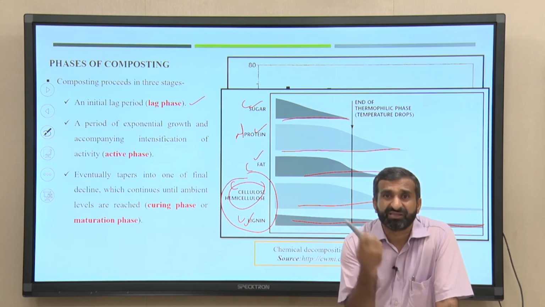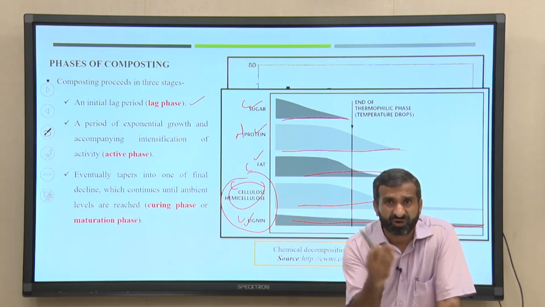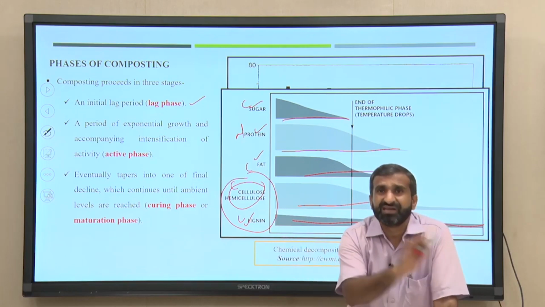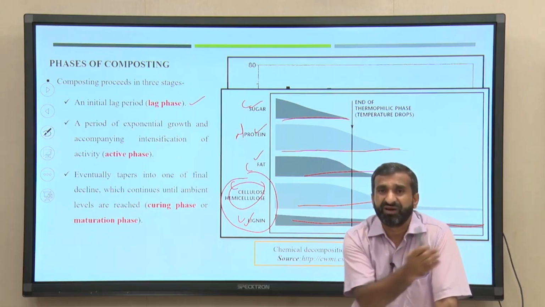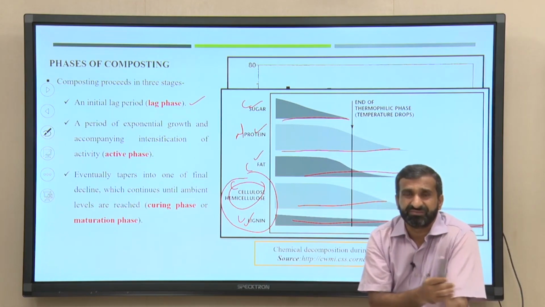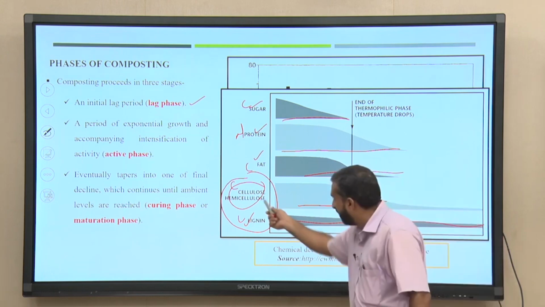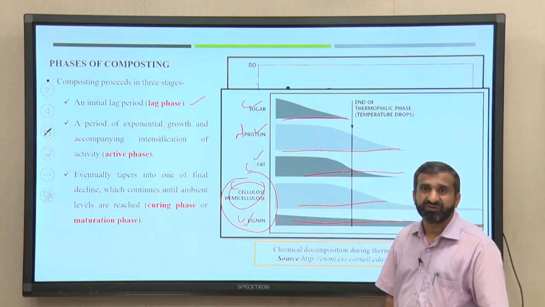Or suppose you are planning the composting of water weeds like water hyacinth, Hydrilla verticillata, another kind of weed or polluted weed you normally find in reservoirs or in the water. They have a larger amount of hemicellulose and lignin, very difficult to degrade.